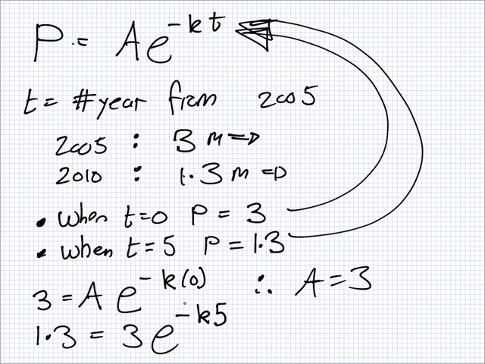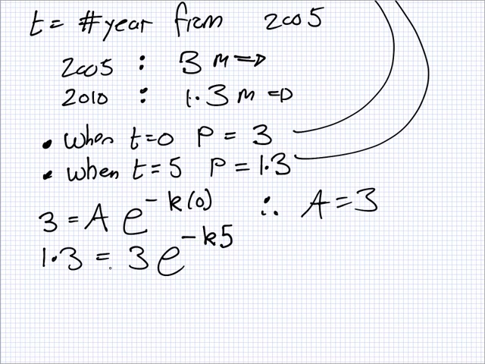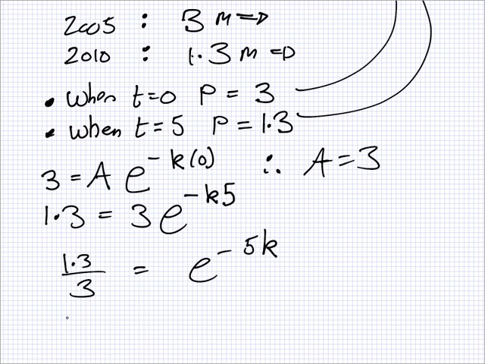I think what I'll do is first divide by 3. Michelle, what's the decimal for 1.3 divided by 3? 0.43. Does the 3 have a little dot on it? Yeah, so it means it repeats.